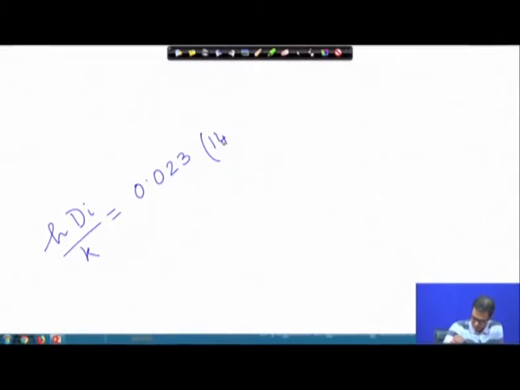So, the Nusselt number is basically h d_i by k, which equals 0.023 into Re, which we have obtained as 14050, to the power 0.8, and the Prandtl number.